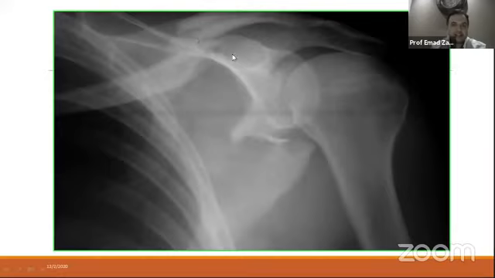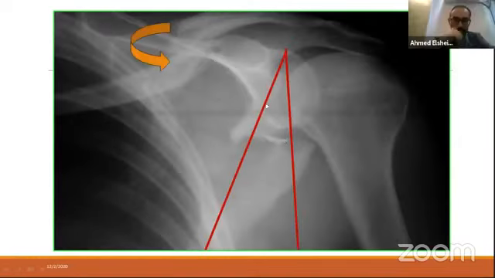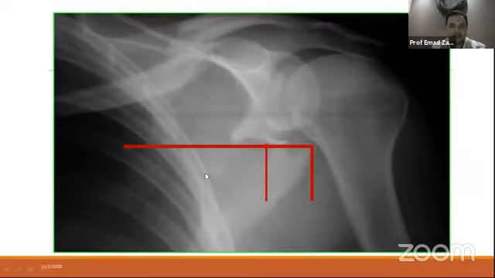In this X-ray, we have fracture clavicle, and the glenopolar angle is less than 20 degrees, and there is lateral offset, an increase in the lateral offset of the distal fragment or medialized proximal fragment.